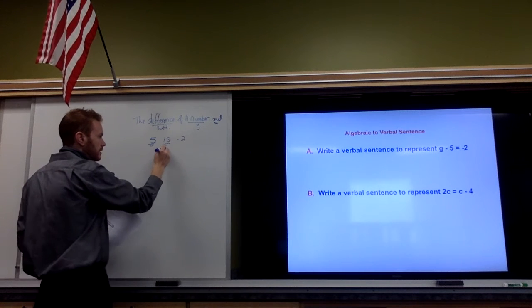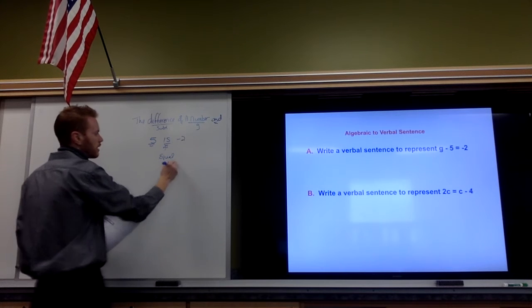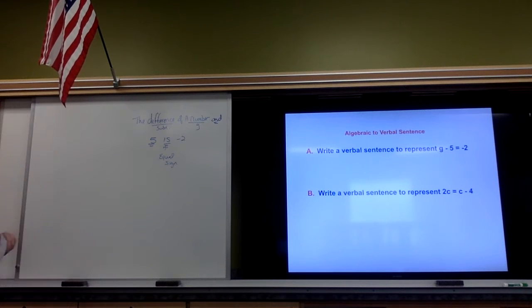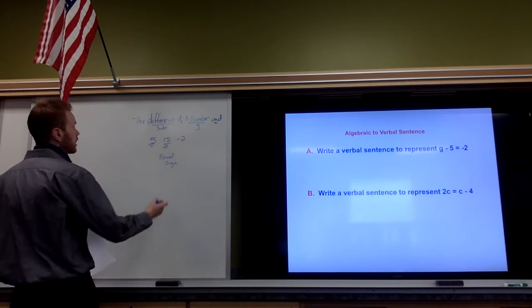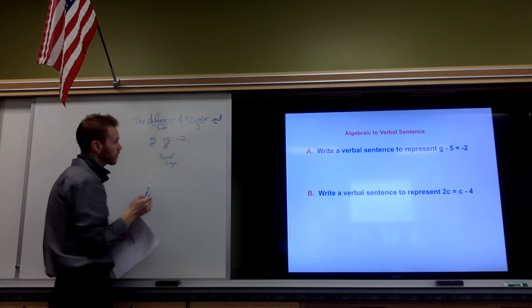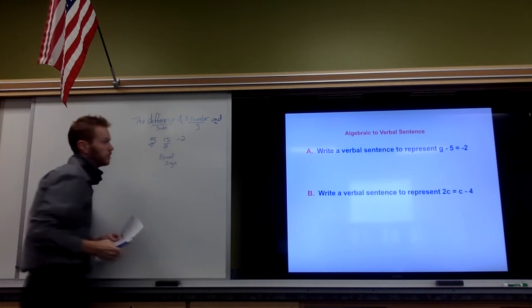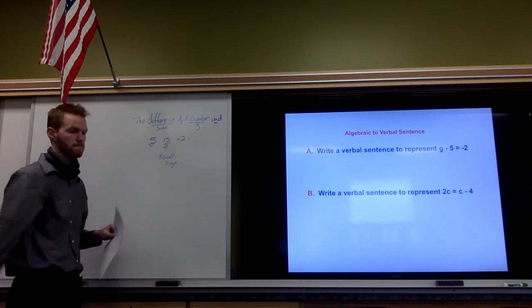Remember, is represents the equal sign. If you think back to a long time ago when you were doing these types of problems, is represents the equal sign. So the difference of a number and 5 is negative 2. So there's one way to write this sentence.